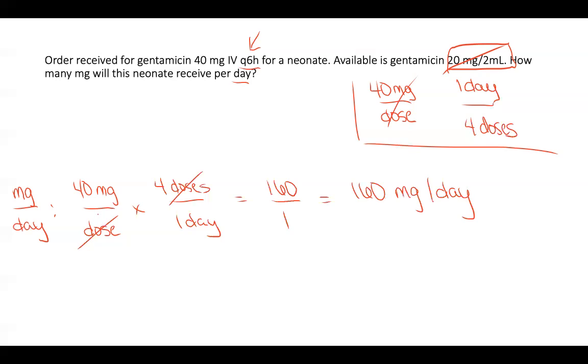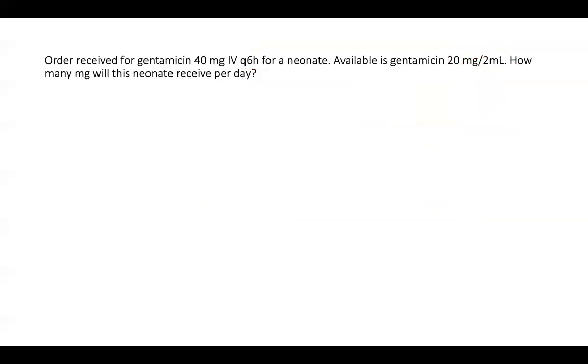So let me show you really quickly, and then we'll be done and we'll take a break here. Let me just show you what will happen if you try to do this problem using the wrong information. Okay.